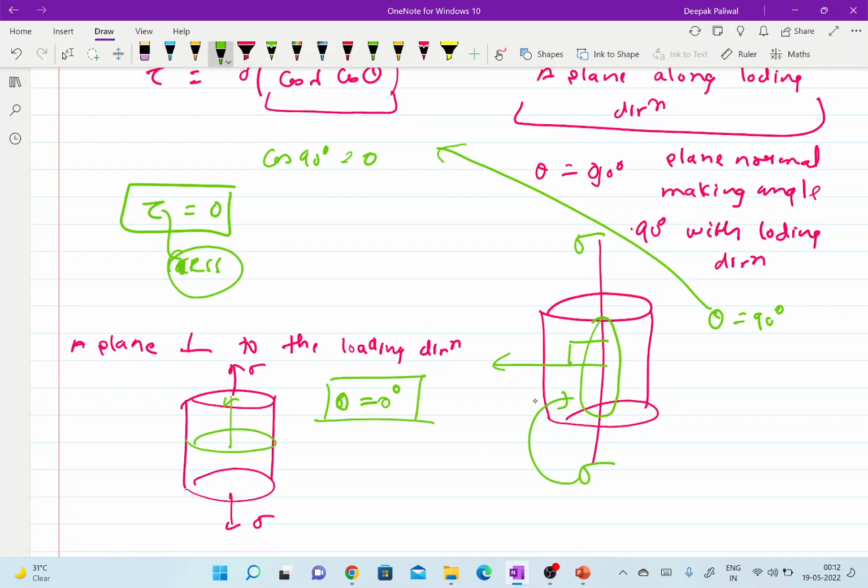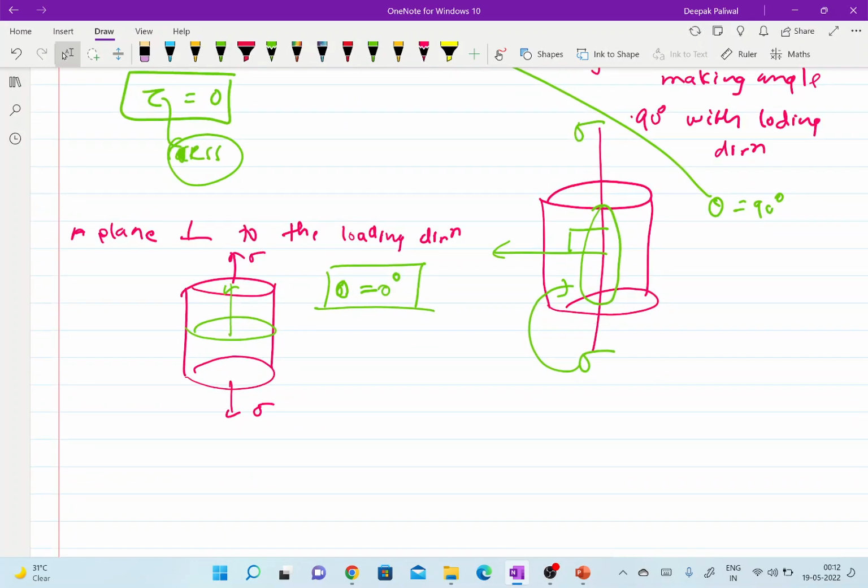So now let's see, again putting into the equation, theta is 0 degrees and lambda becomes 90 degrees with the loading direction. Suppose I assume any arbitrary slip direction: all the directions lying in this plane are at 90 degrees to the loading direction.